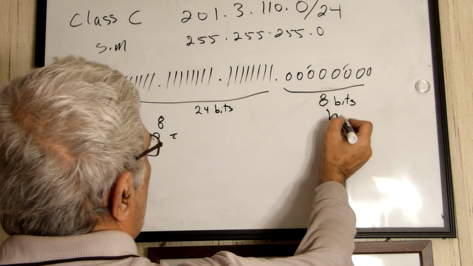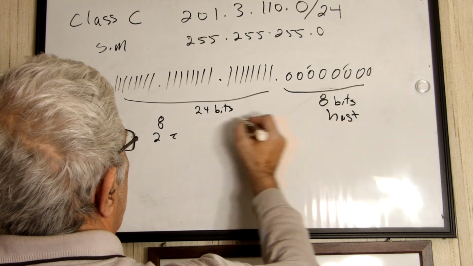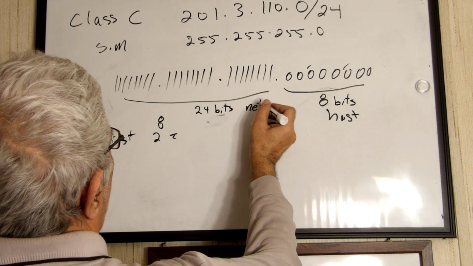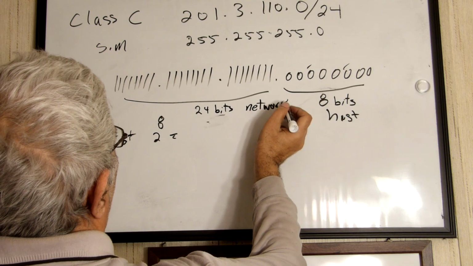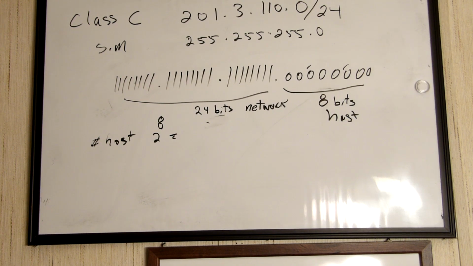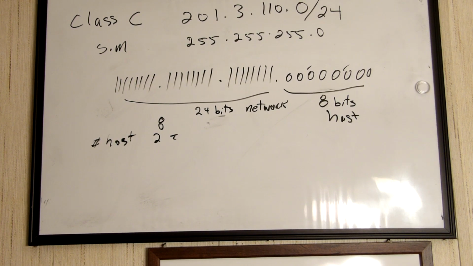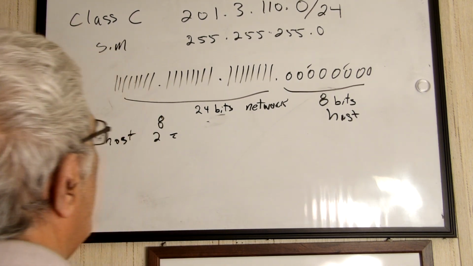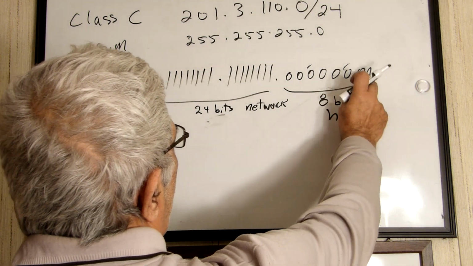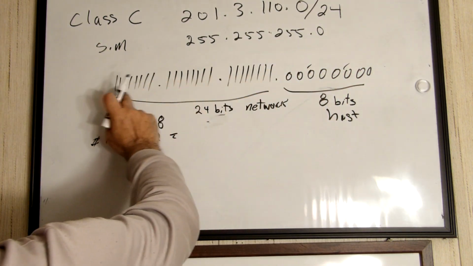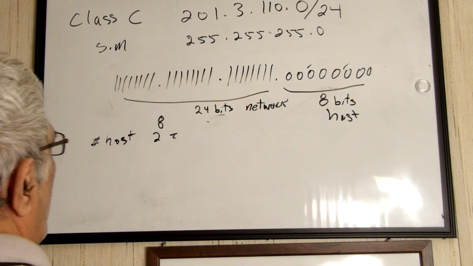This is host, and this is network. The number of network bits shows how many bits you assigned to network: 8, 1, 2, 3, 4, 5, 6, 7, 8. And this is 24.